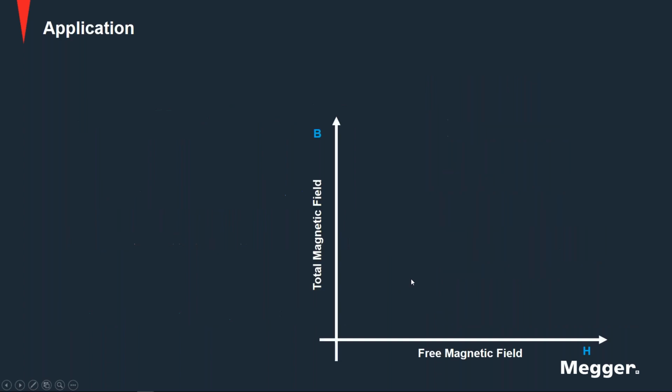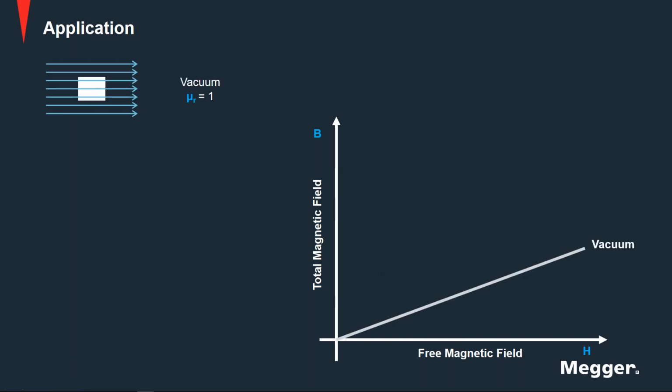So how does this work in an actual application? If we look at the total magnetic field strength plotted against the free magnetic field of a vacuum, which is mu sub r equals 1, and for this example, air can be considered a vacuum, which means that when a magnetic field is introduced into the vacuum or into air, the material in the air is not going to respond to that magnetic field, right?